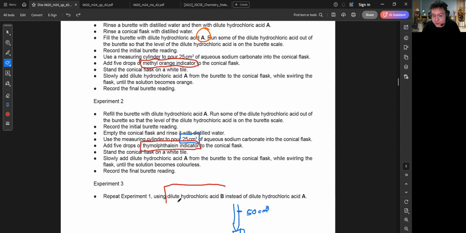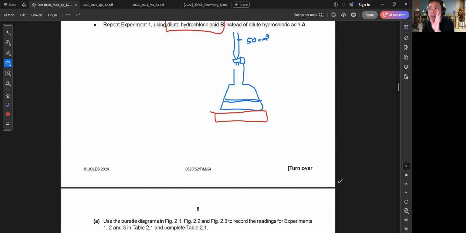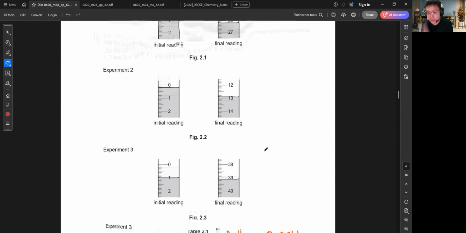When we say dilute hydrochloric acid B, the name is already the exact same: dilute hydrochloric acid A and dilute hydrochloric acid B. So what is the only other thing that can be different? The concentration. That means how much water you mix it with. That's the only thing that can be different. That's why students have to be able to assume that.